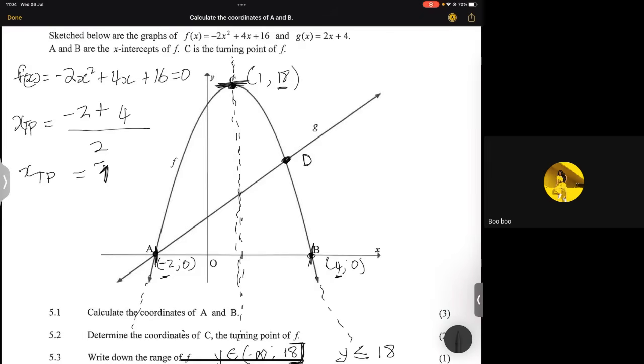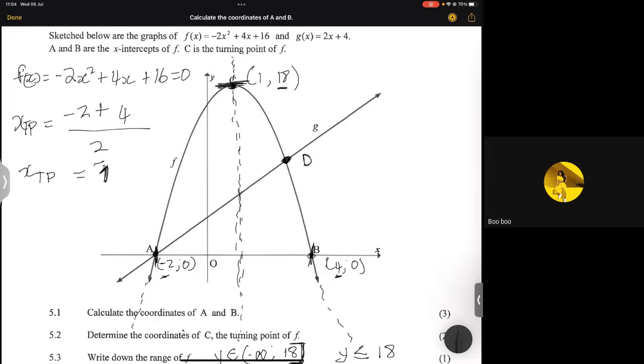Anyone? What's happening at point D? Well, the two graphs are meeting at that point. Do you agree? It means they share a common x value and they share a common y value.